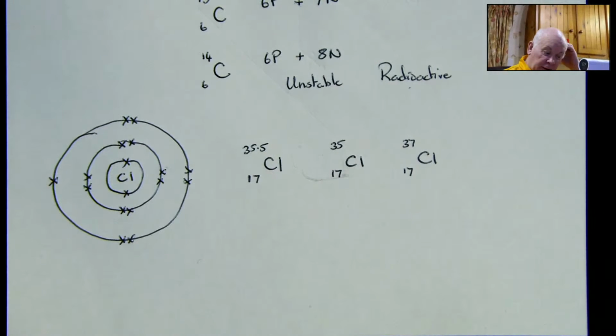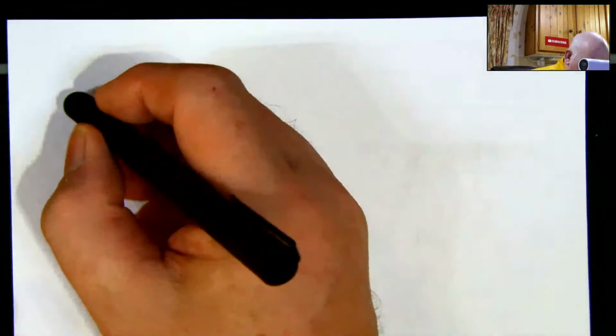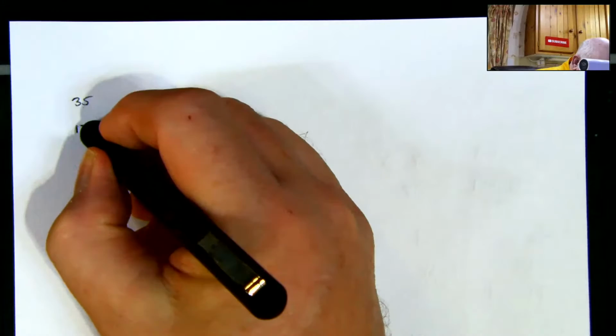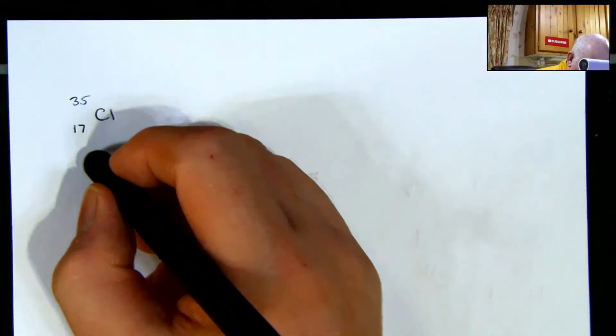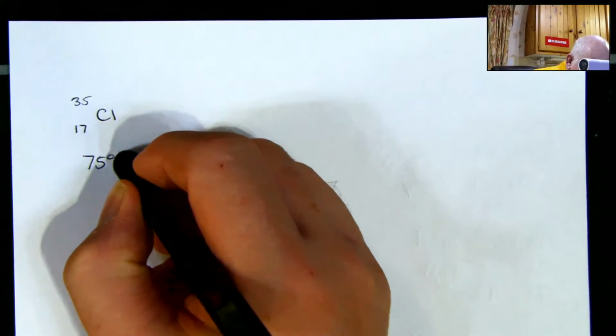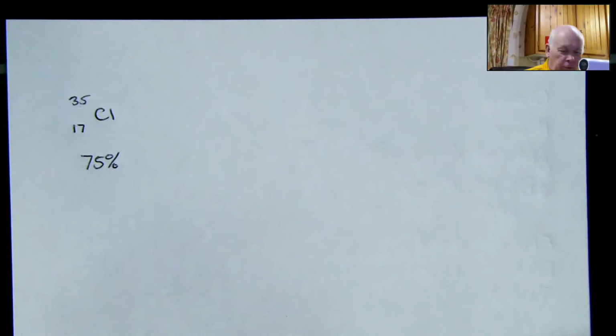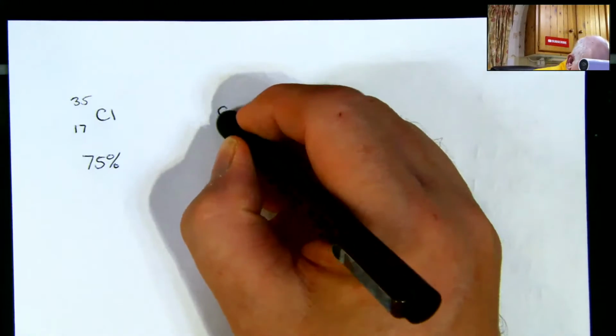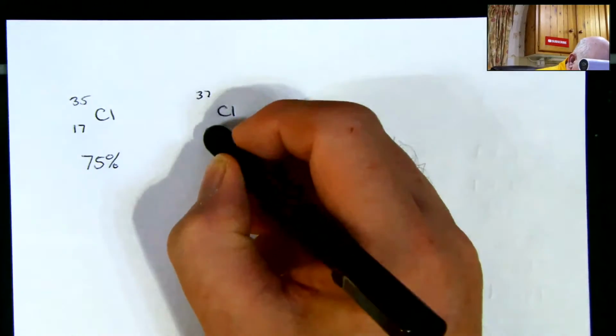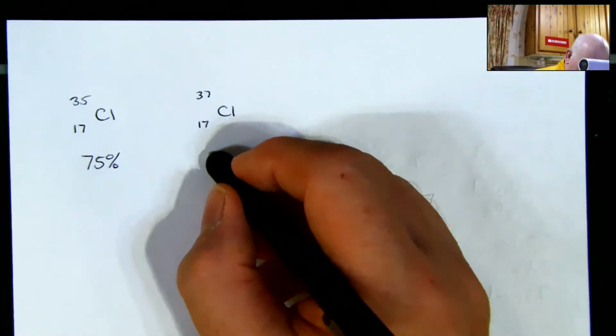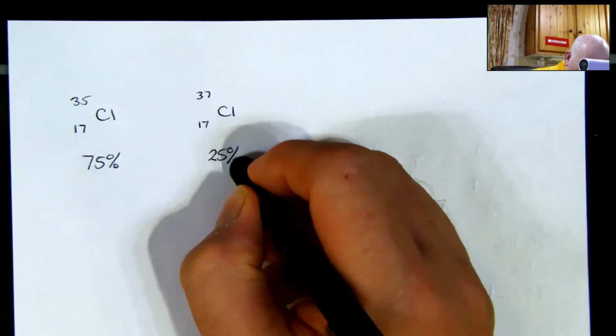Well, when we look at this in real life, we find that we've got an interesting situation. Chlorine 35 makes up about 75% of the amount of chlorine. The other version, chlorine 37, isn't as common. It makes up about 25%.